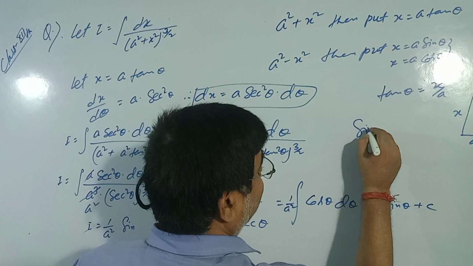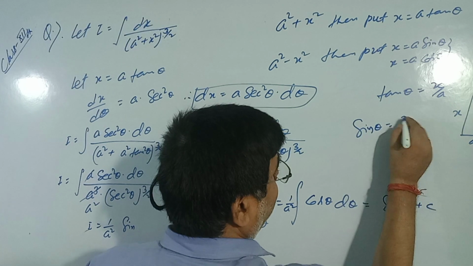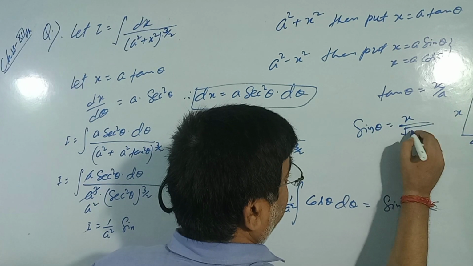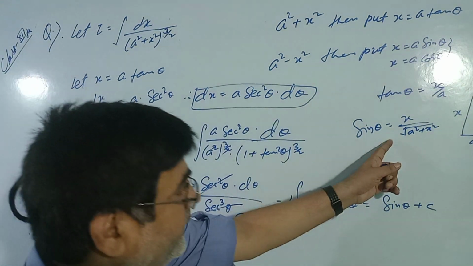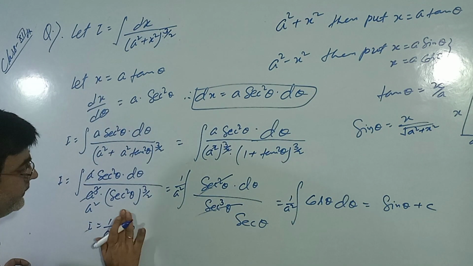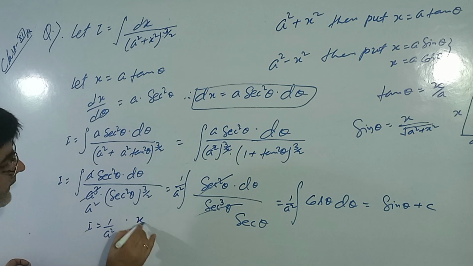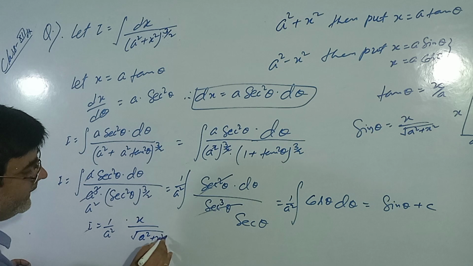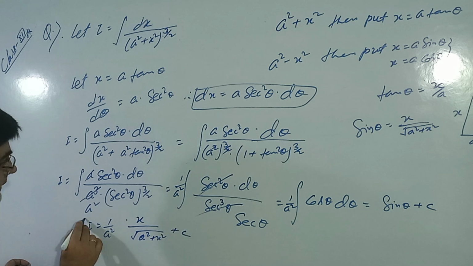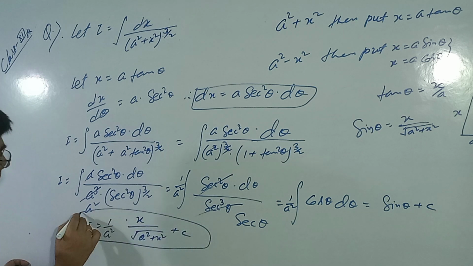So sin theta is p by h, x by under root a square plus x square. So putting the value of sin theta, x by under root a square plus x square. This is the final answer.